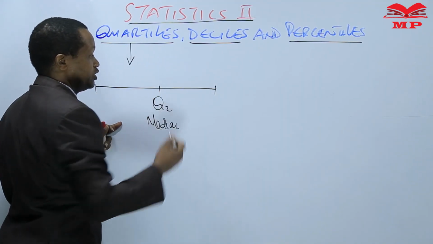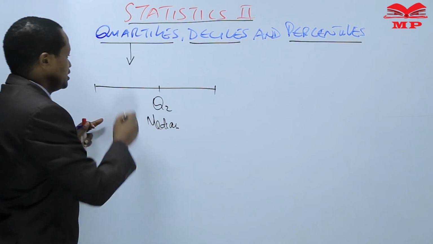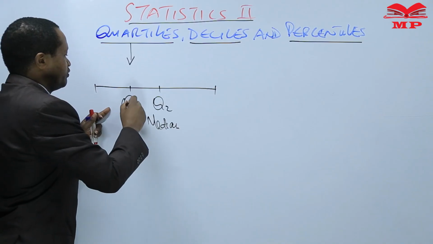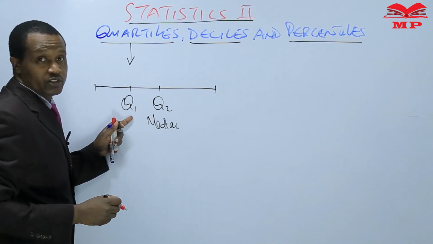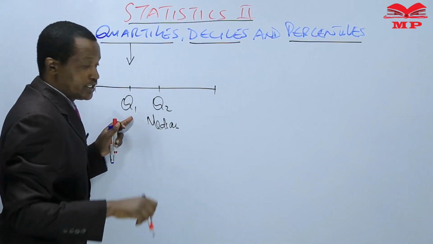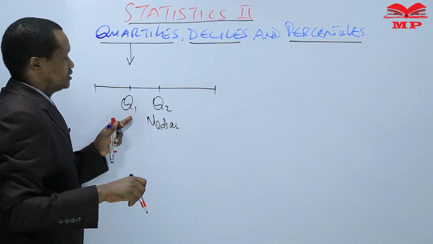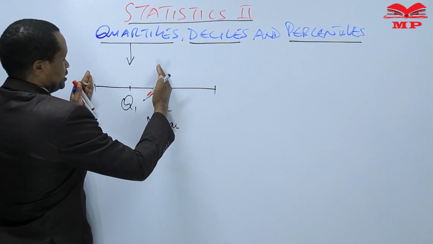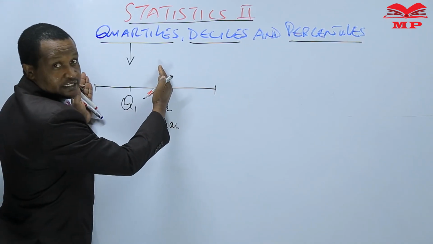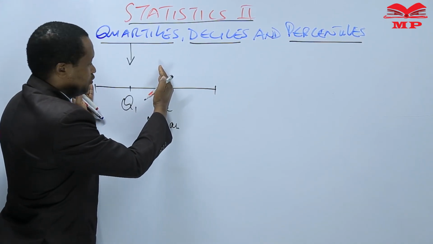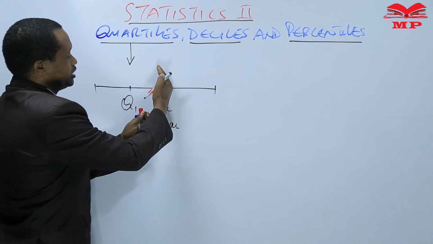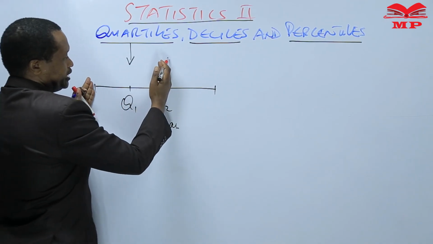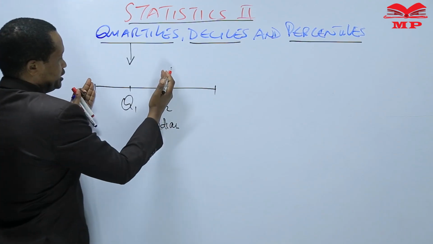This value here is the first quartile, which is also known as the lower quartile.